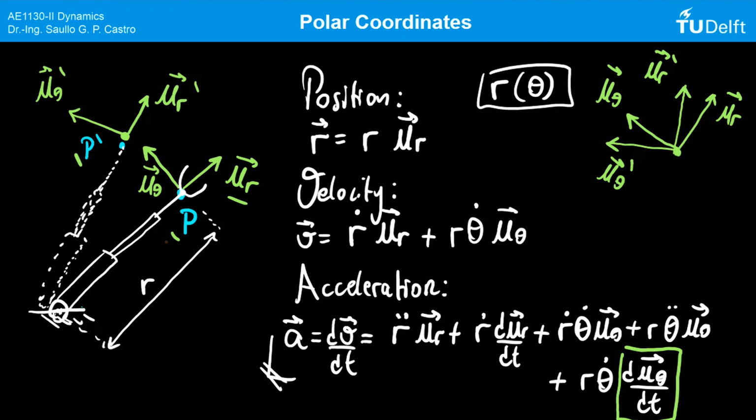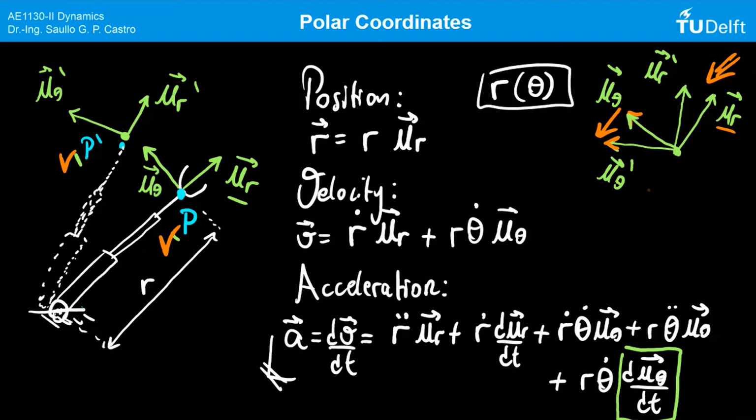Again, evaluating the displacement from point P to point P prime, we can see how the base vectors are changing with time. And here it clearly shows how theta, or the base vector u theta, changes in the negative direction of the original radial base vector.